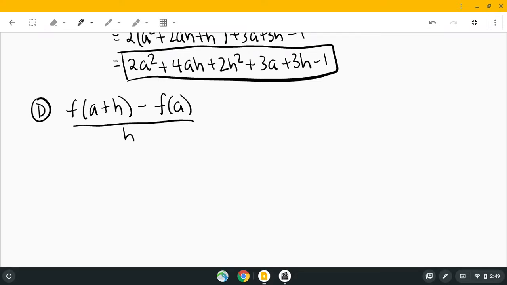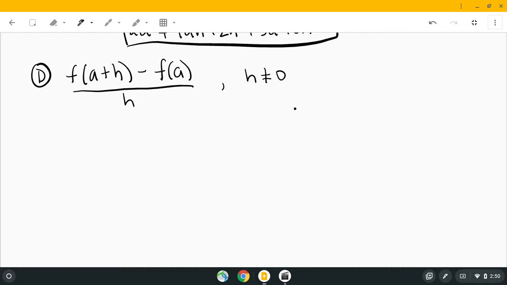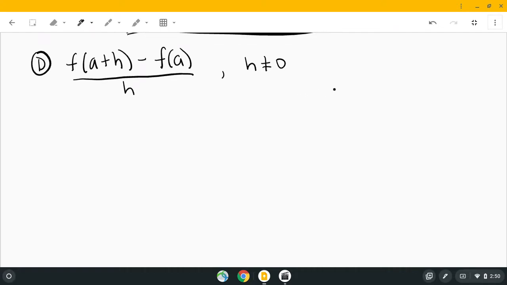Just for technicality, h is not 0 because we don't want 0 in the denominator. So go ahead and see if you can do the subtraction up here: f of a plus h, which you already found, and f of a, which we also found. Do the subtraction, and then see if you can combine like terms and cancel anything.